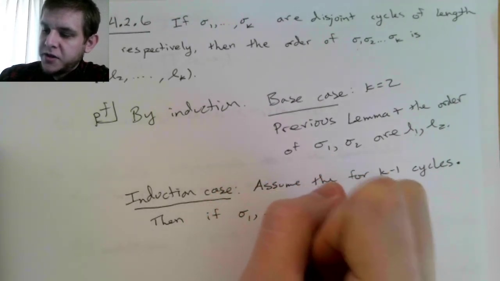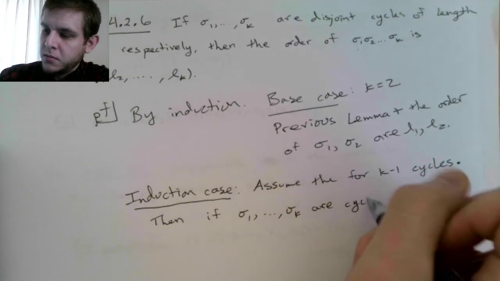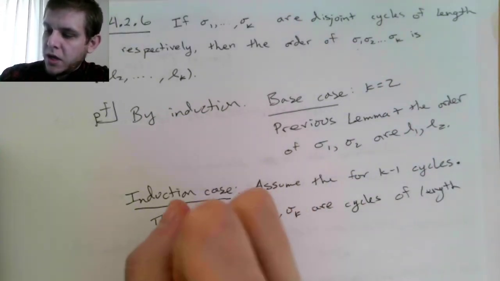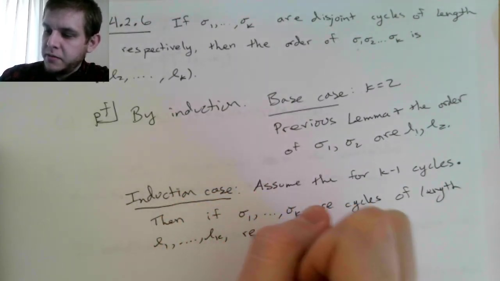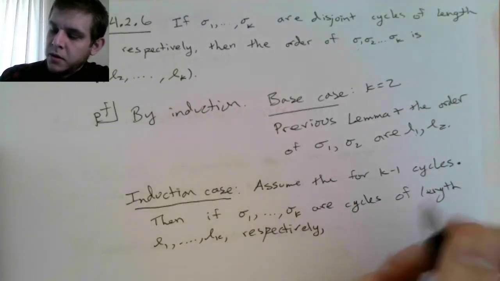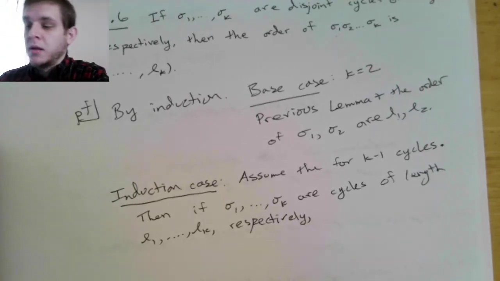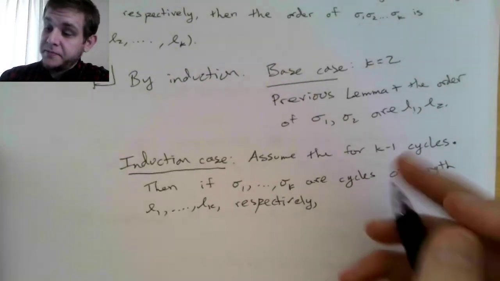If sigma 1 through sigma k are cycles of length L1 through Lk, respectively, what structure do I want to put on this? Because I want to use the previous lemma again.